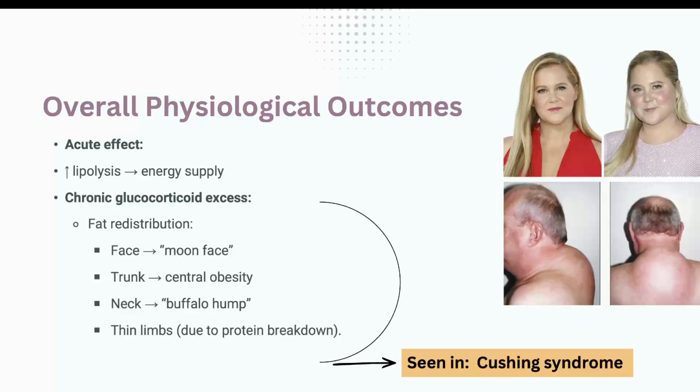For example, in the face, it leads to something called a moon face. In the neck, it leads to buffalo hump. In the trunk, it leads to a big tummy, and also as a result of breakdown of the muscle and proteolysis, the limbs become very thin. Okay.